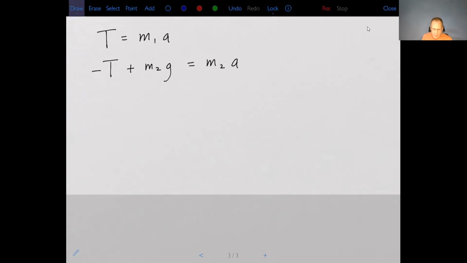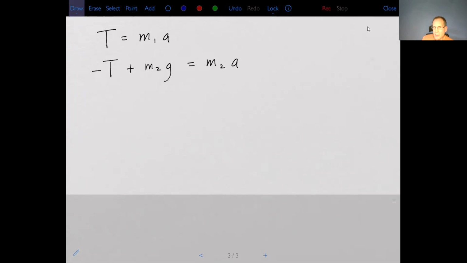So basically, I have two equations and two unknowns. We know the masses. I can mass the cart and I can mass the suspended mass on the scale, which I did. So we have those values.